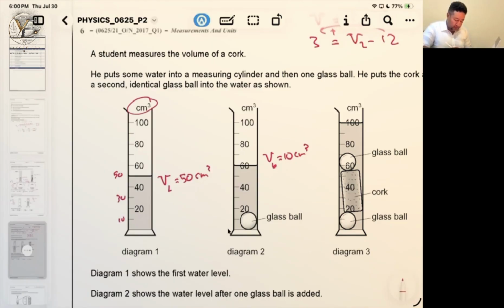Now we are asked to find the volume of the cork. So here we have the volume of the cork, a piece of cork, because it's a floating object. So we added the glass bowl to force it to be totally immersed under the water, and the total volume is 100.